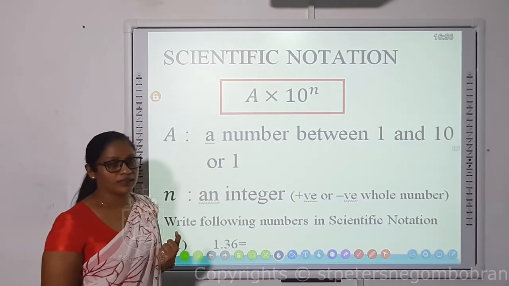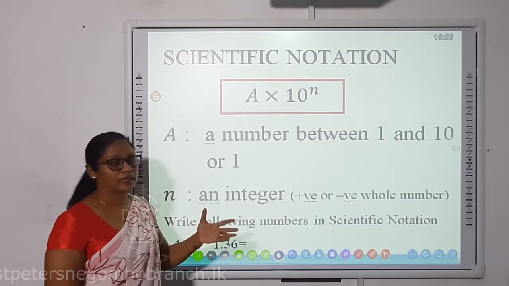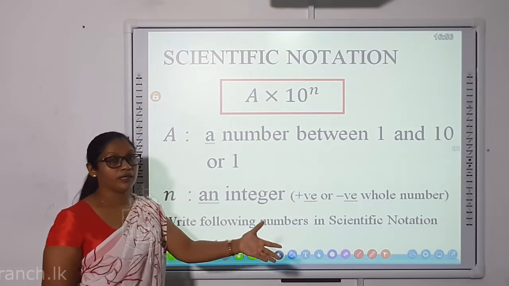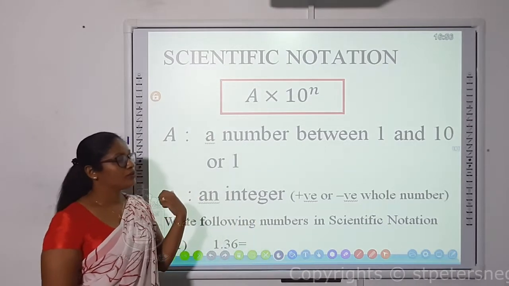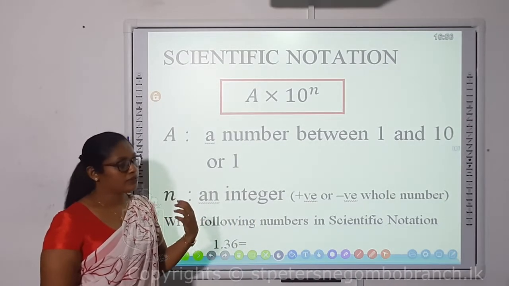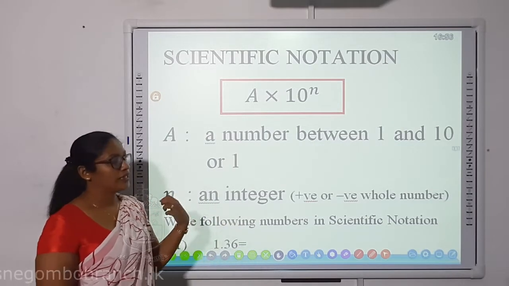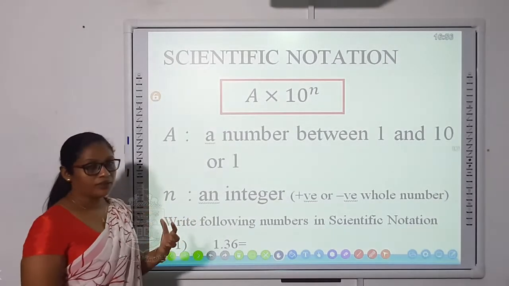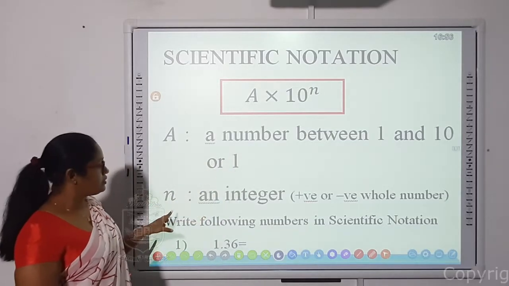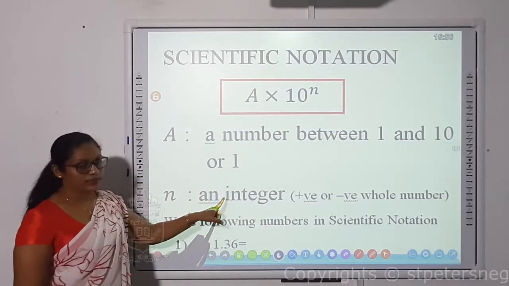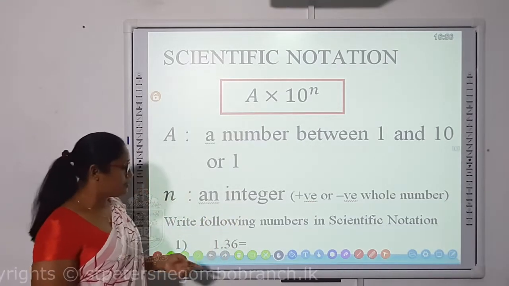Examples: 1.5, 2.6, 9.3, 9.9. That is the maximum level you can go. You can't write 10 there. You can write the whole numbers 2, 3, 4, 5, 6, 7, 8, 9, and also the decimal numbers between 1 and 10 as A here, and also you can take 1. So n means what? It is an integer. That means it can be a positive or negative whole number.